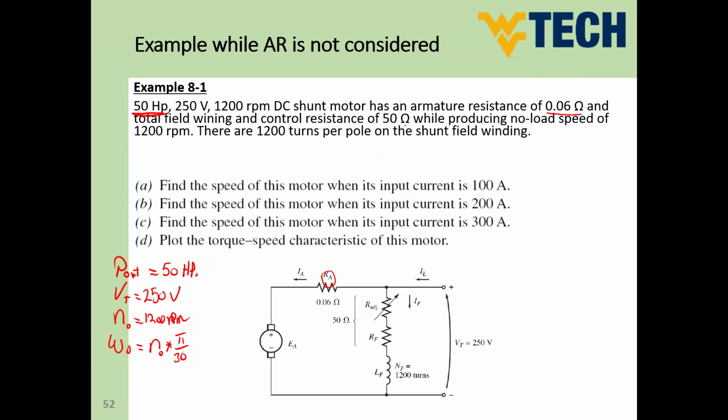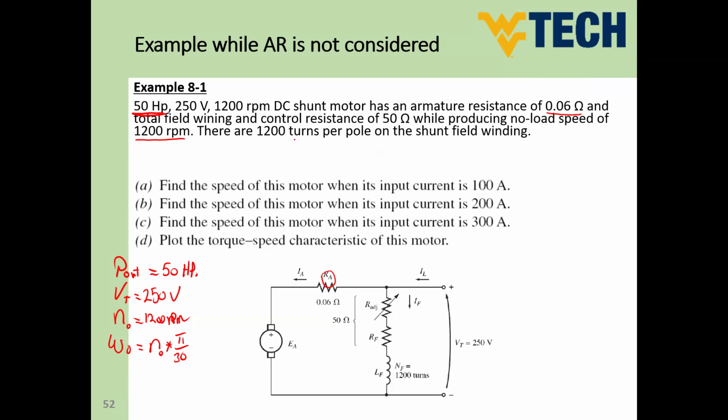Actually, this is at a certain condition, which is while producing no load speed of 1200 RPM. So the total field resistance is 50 ohms at the operating condition when the speed is omega naught or n naught, the no load speed.